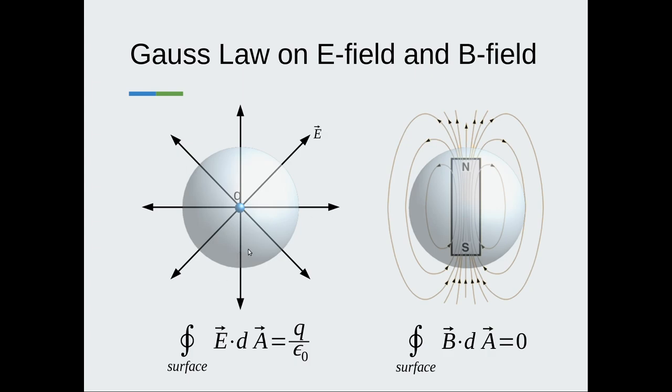If we take a closed surface and wrap the charges inside, and calculate the electric field flux by integrating it all over the closed surface, you can find a relation with the source. And if we do exactly the same thing to the magnetic field, you'll find that the number is always 0. The total magnetic flux flowing in and out of the closed surface, if you sum them up, should always be 0.